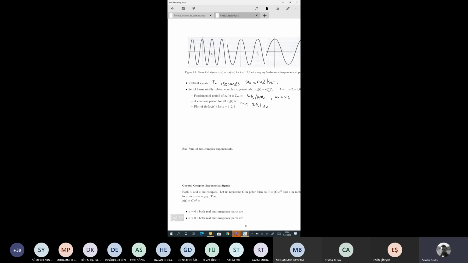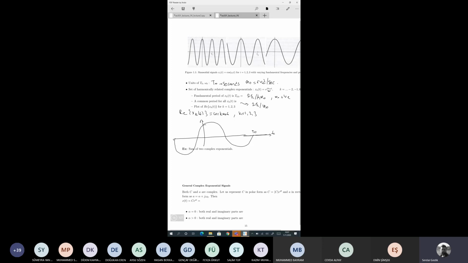At this point, let's try to plot the real part of xk of t, cosine k omega 0 t. I will draw this for k equals 1, 2, and 3. At least I will try to. Let me do my best to draw this. So this is my origin.